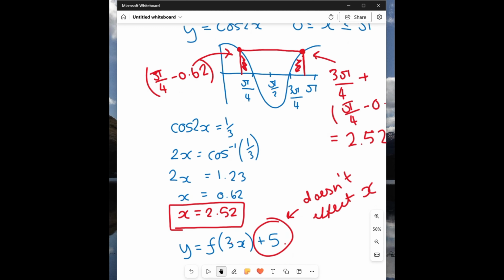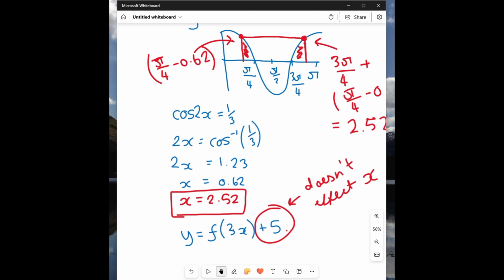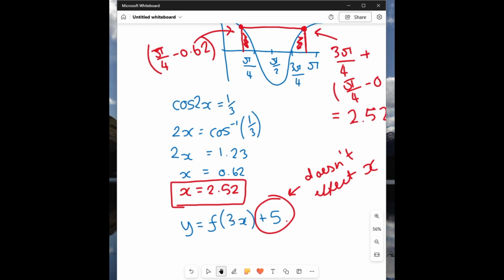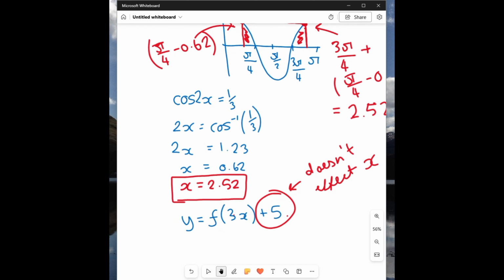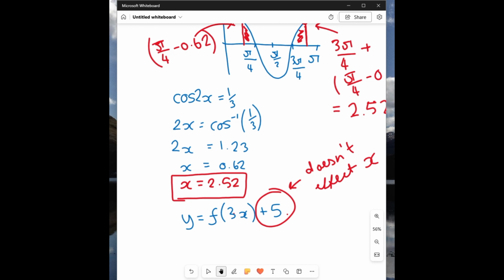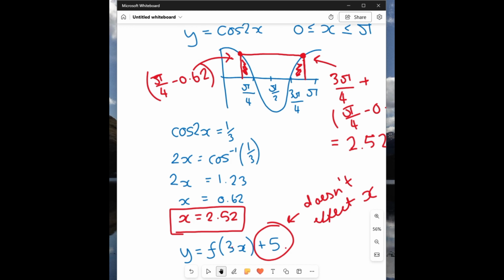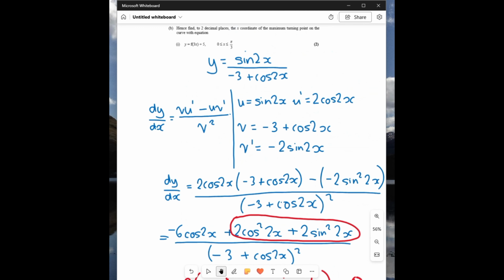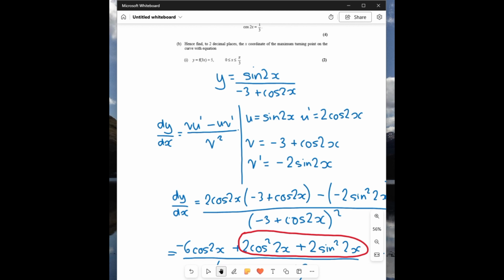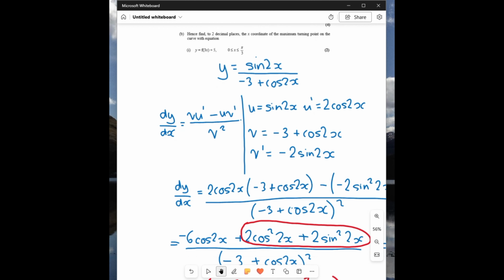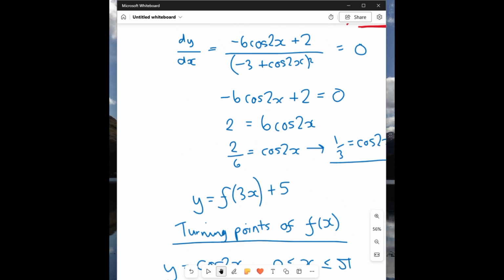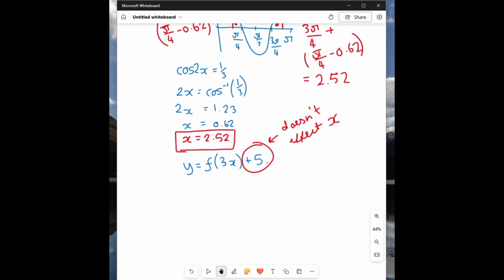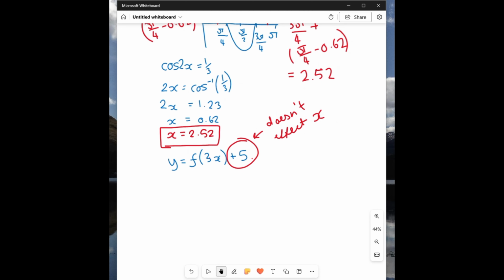So I know this was cos of 2x, but now we're thinking about that graph transform. One period happened in pi. Now one period is going to happen in pi over 3. And that makes sense because you think about the domain we're given here. We're given the domain of x between 0 and pi, which makes sense because between 0 and pi we get 3 periods now instead of 1, because it's 3 times smaller.